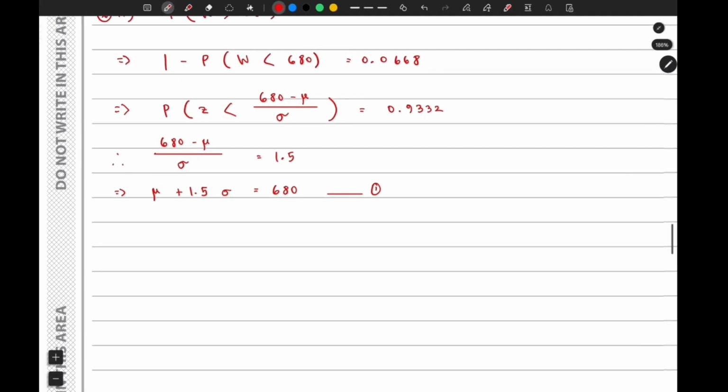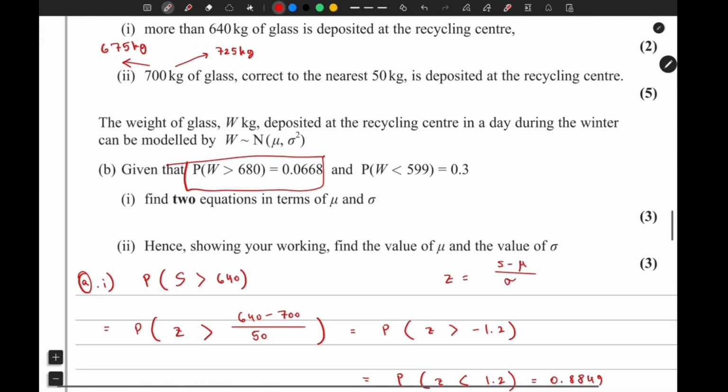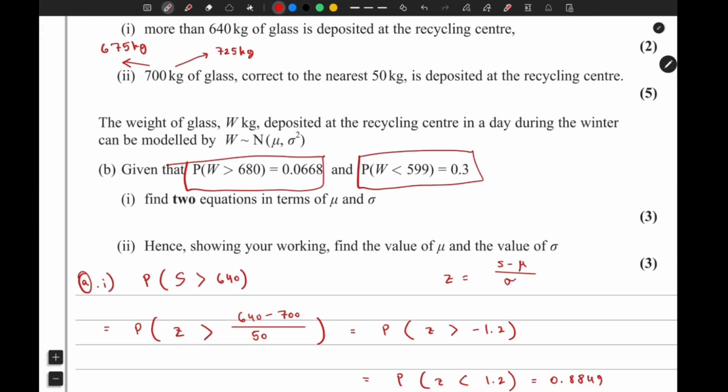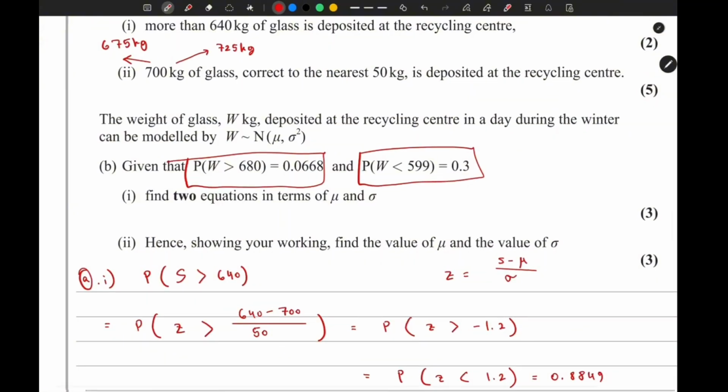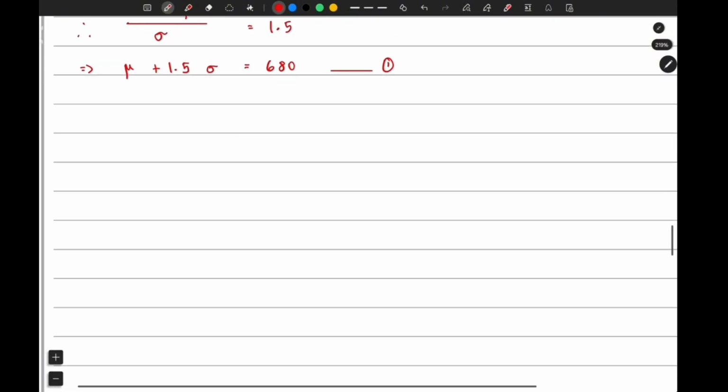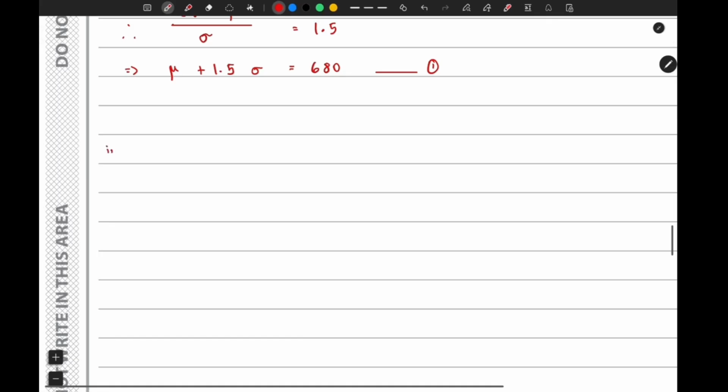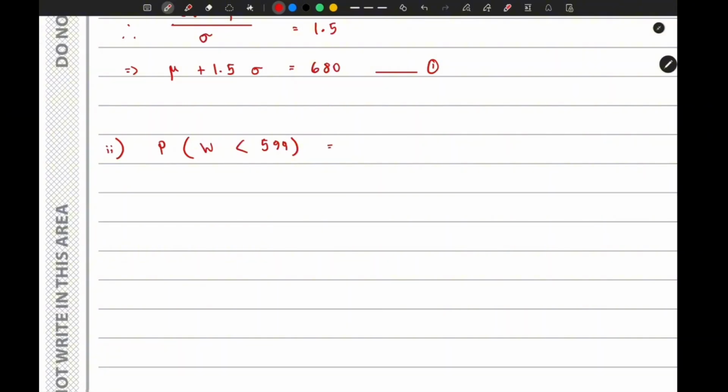Now let's form a second equation. For the second equation, we will use the information that if W is less than 599, the probability is 0.3. So the probability of W to be less than 599 will be 0.3. First of all, we need to identify if the sign is less than.